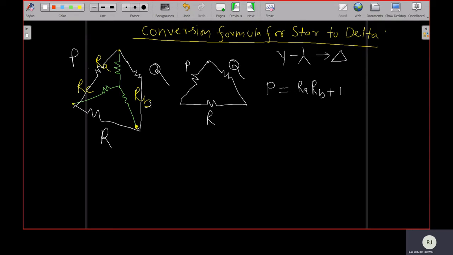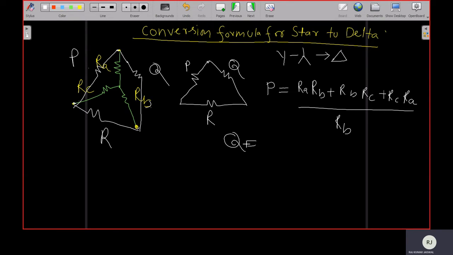RA RB plus RB RC plus RC RA. Because this is the large one, the numerator will be large, meaning we write the multiplication of all in a circular way. Then divide by whichever branch is not touching P, which is RB. Then we get the P value.